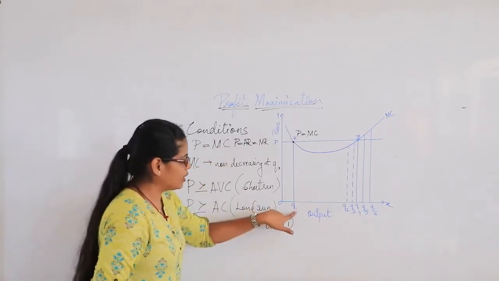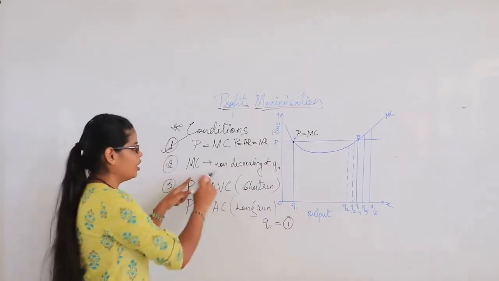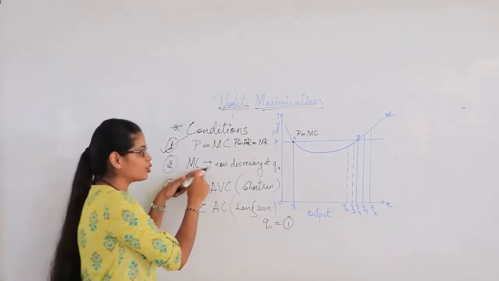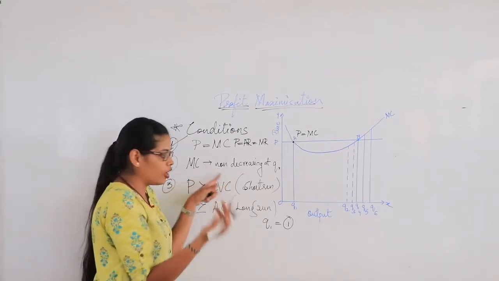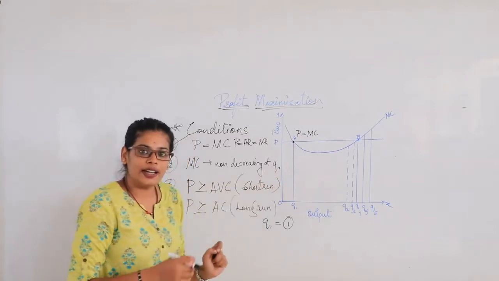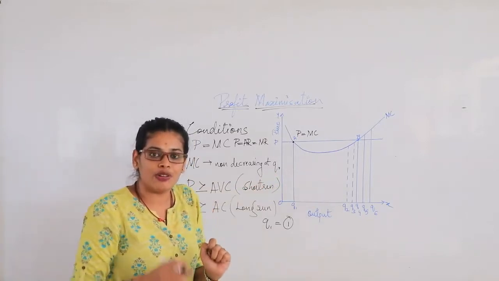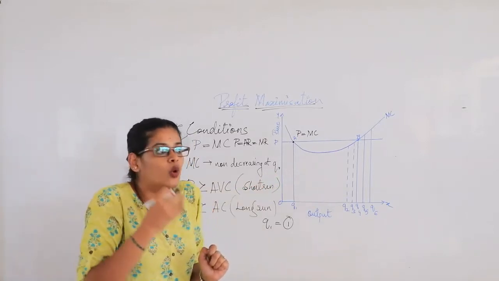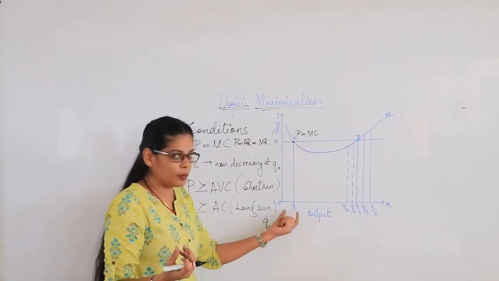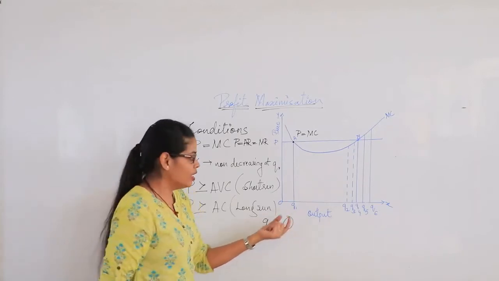Now let's look into the second condition. What is it saying? MC, marginal cost, must be non-decreasing at Q0. Q0 is the point at which the firm wants to know at what level of output it is going to make its maximum profit.